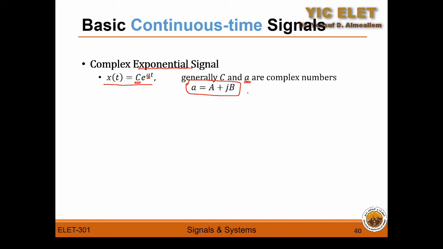The first case, if it is purely real, then b would be equal to 0. If it is purely imaginary, then a will be equal to 0.